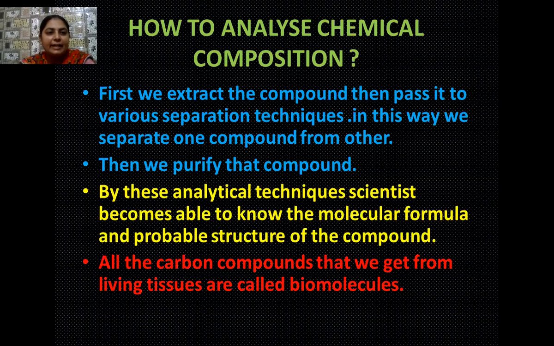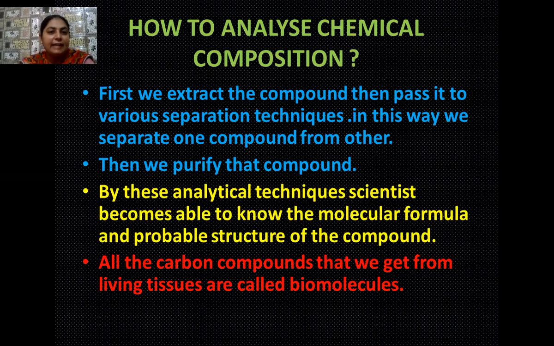So we find a variety of biomolecules in both of these, the filtrate as well as the retentate. When we do the extraction of the compounds, later we pass these compounds through various separation techniques. In these separation techniques, we separate one compound from another.